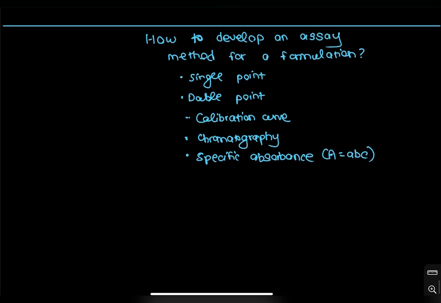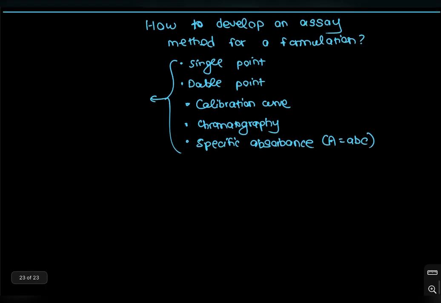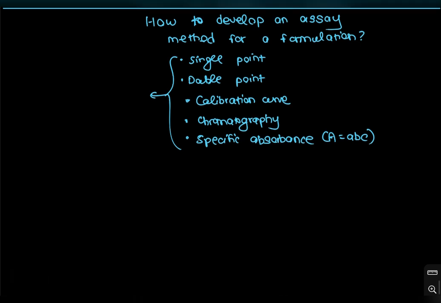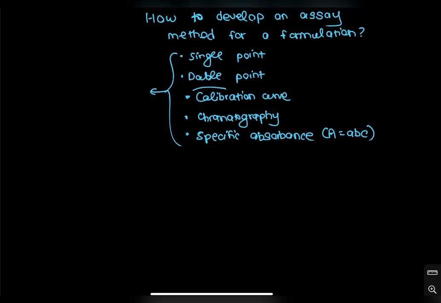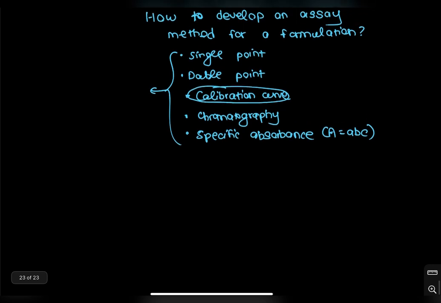These and various other methods are the ones you can use in order to develop an assay for a particular formulation. Which method you use will depend on the formulation and the drug. So today, we are going to be learning how to develop a method for calibration curve analysis.